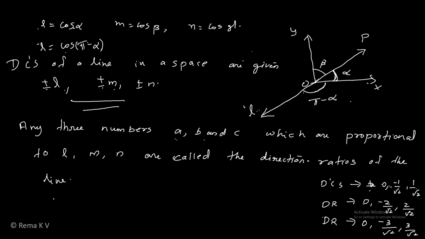Yes, infinitely many direction ratios are there for a line. So you can write that there are infinitely many direction ratios for a line.